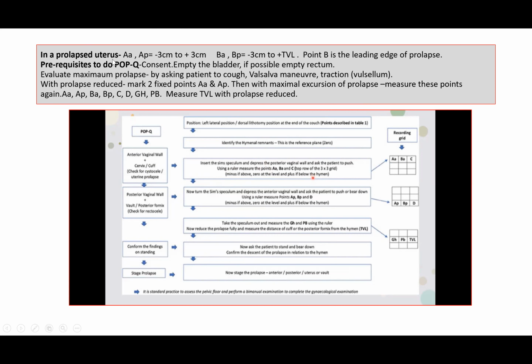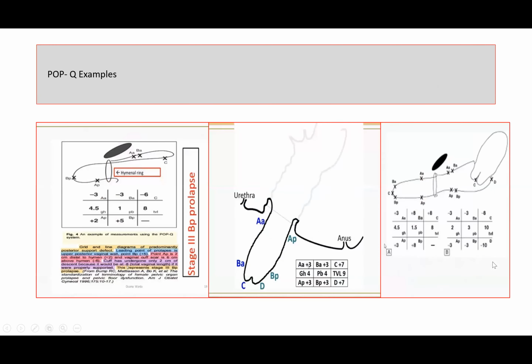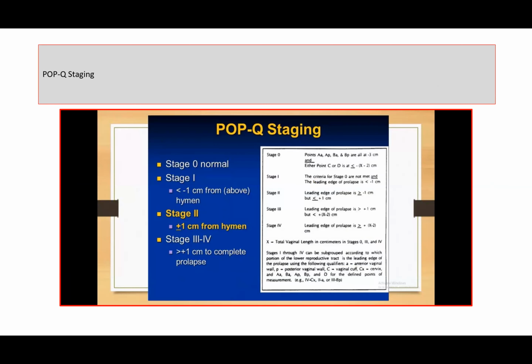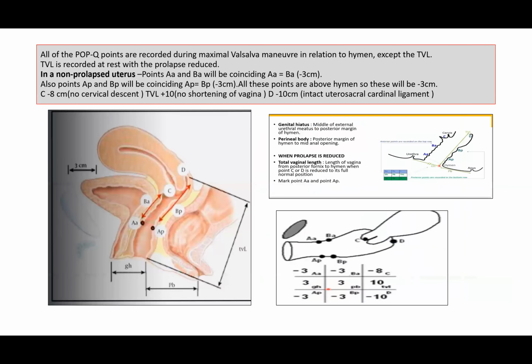What happens in a prolapsed uterus? What could be the maximum extension of AA and AP points? Let's go back to this diagram. We have to see points AA and AP.